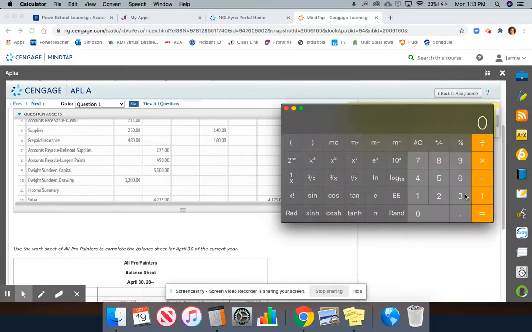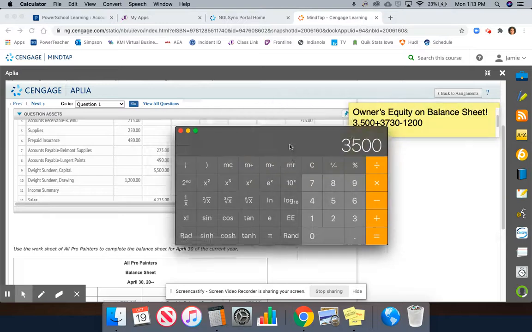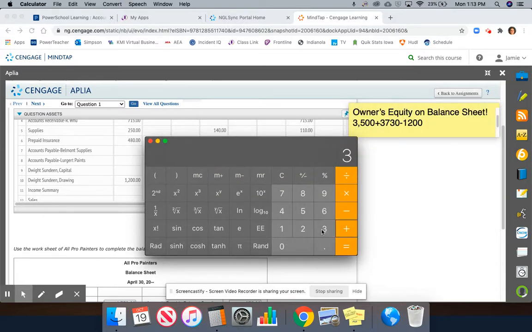Add in your calculator, $3,500 plus our net income, $3,730 minus $1,200. And the amount we need to put into our balance sheet is $6,030.